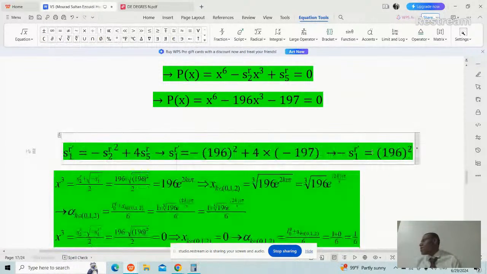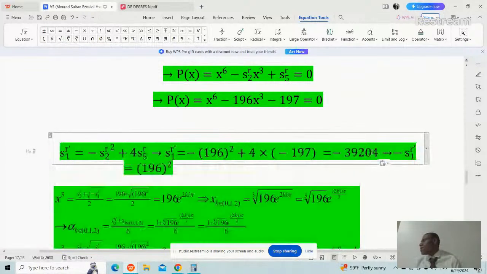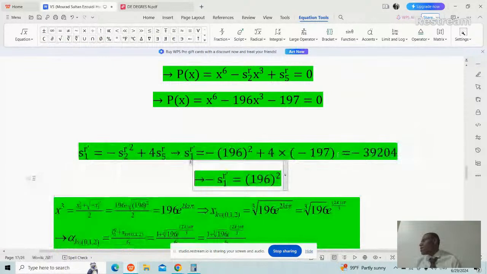Therefore, this is S1 of order R equal negative 39,204.